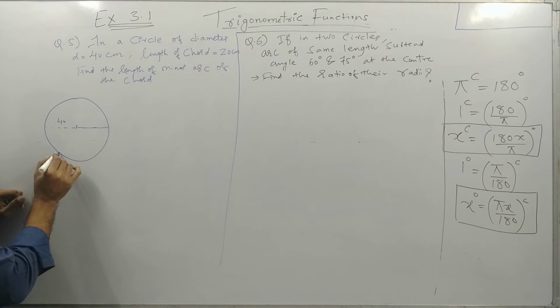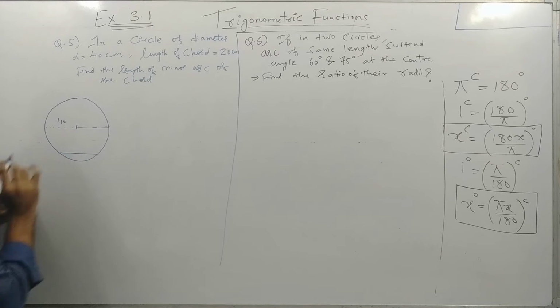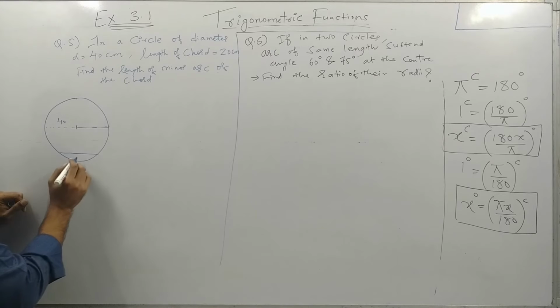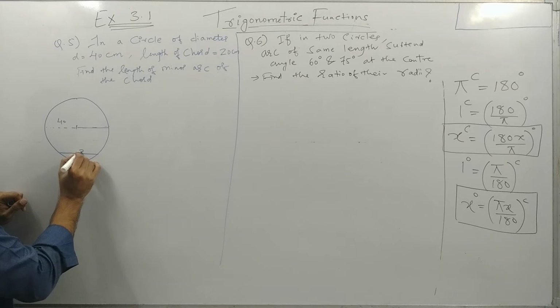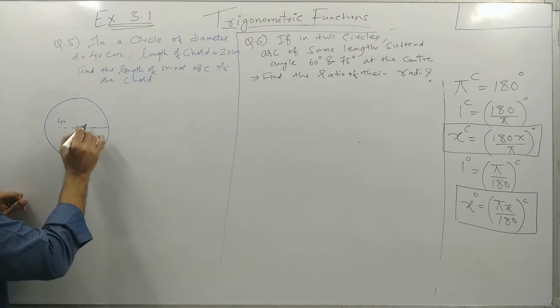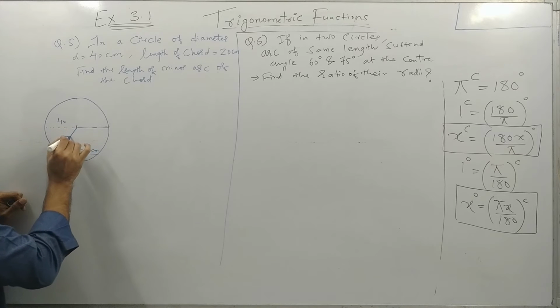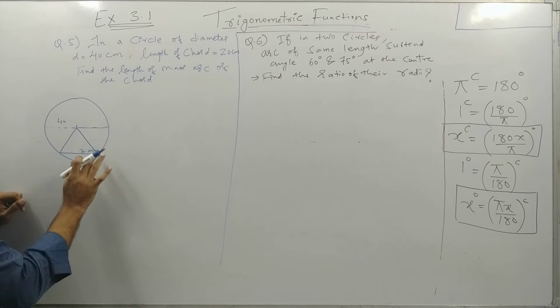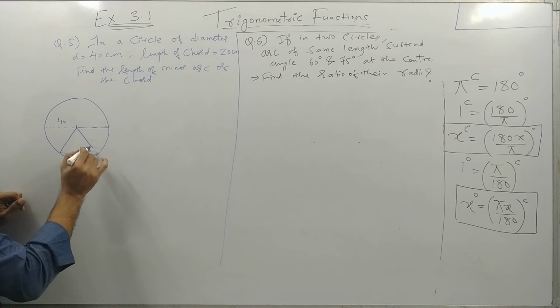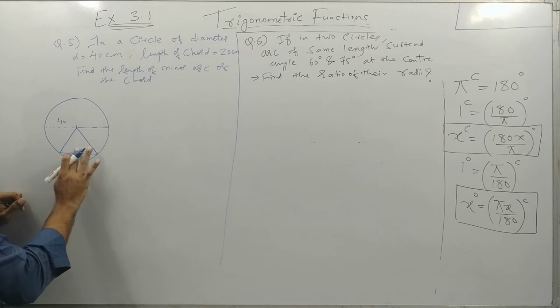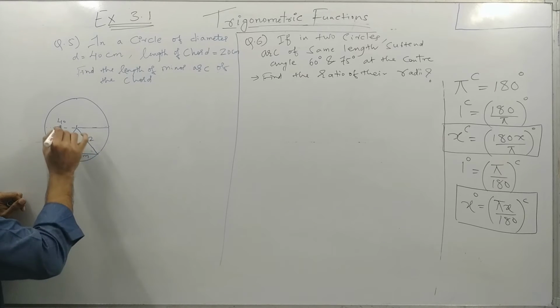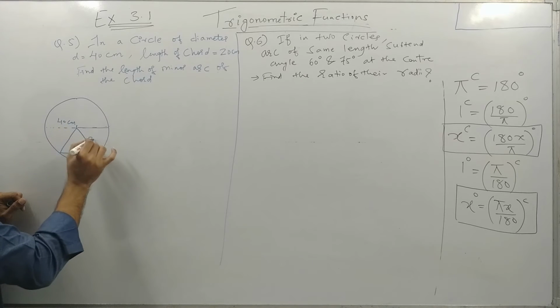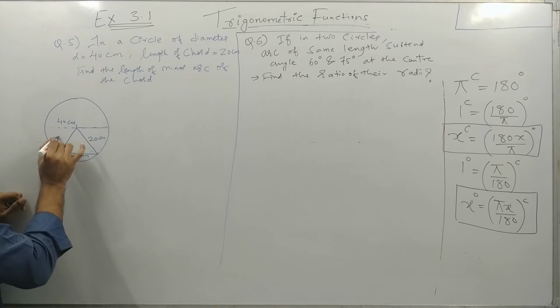So if I draw a chord, suppose this is the chord, this is 20 centimeter. This is also 20, and if I draw a radius connecting to the end point of this chord, so this chord is 20 centimeter, and radius is obviously 20 centimeter, right?